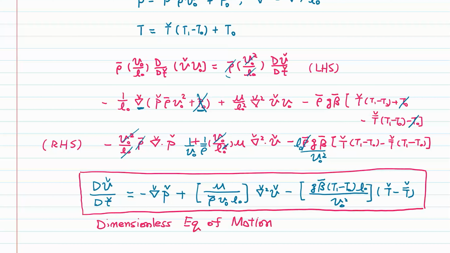So you can see that we have a rather simple format just looking at dimensionless quantities, but for the viscous term and the buoyant term, we have some characteristic quantities grouped in the brackets, and we will look at these brackets later on. These are important implications, okay? Okay, and finally, let's look at the dimensionless equation of energy.